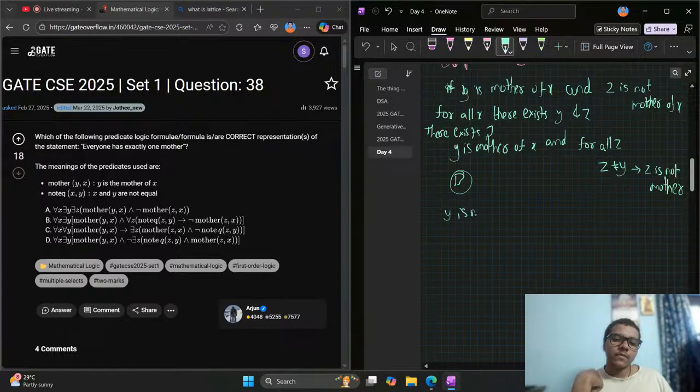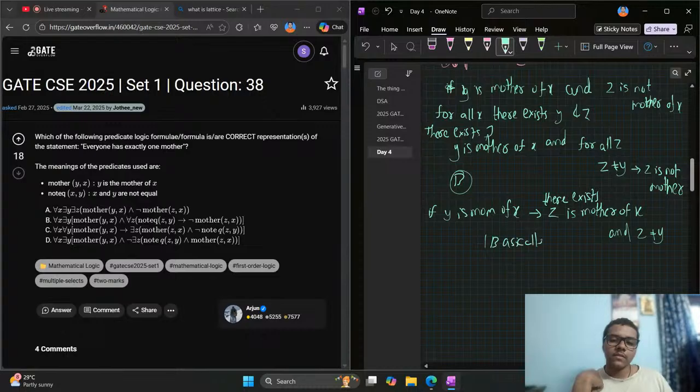Y is mother of x. If y is mother of x, implies there exists z that is mother of x, z is not equal to y. Basically saying two mothers. So that is not it as well.